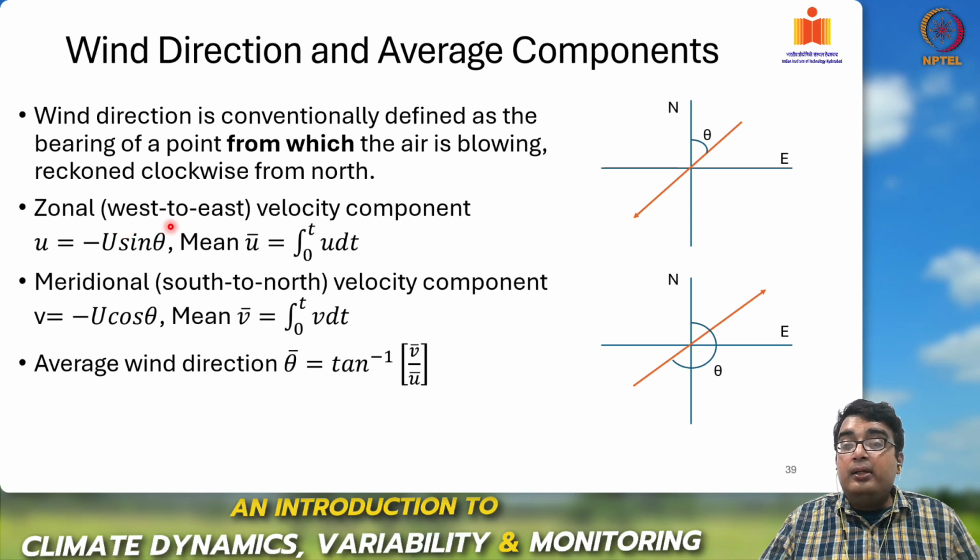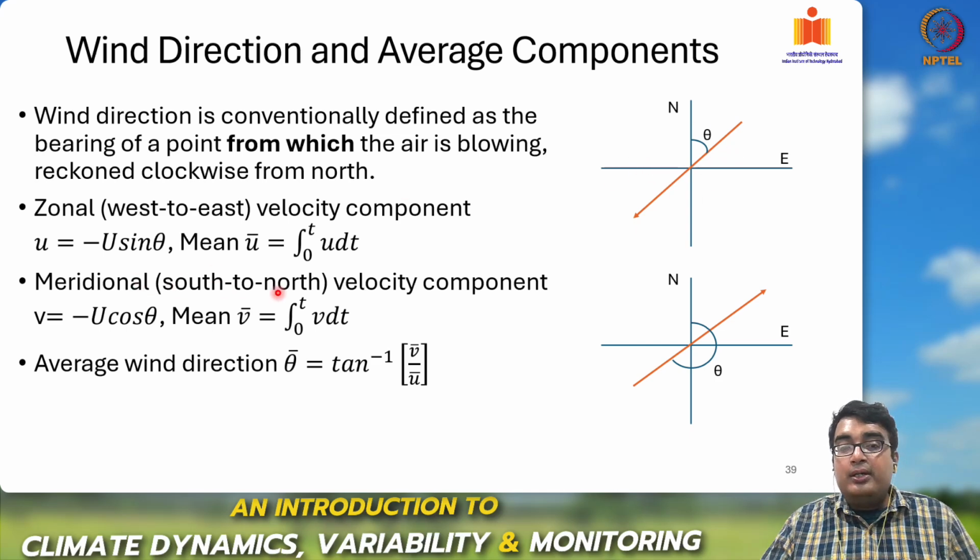So, the zonal west to east velocity component for this case is minus u sine theta because it's going in this direction. See, it is going from east to west. So, it's a negative component, right, for this situation here.